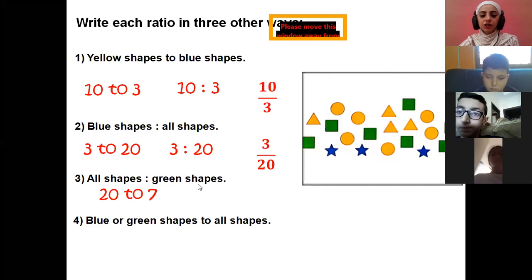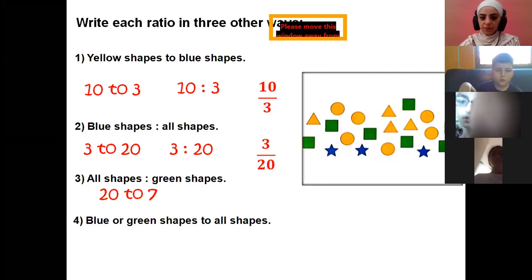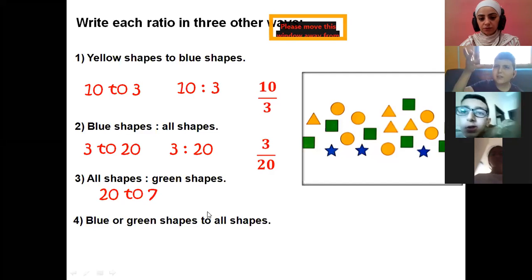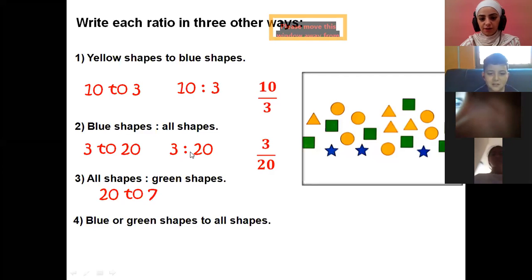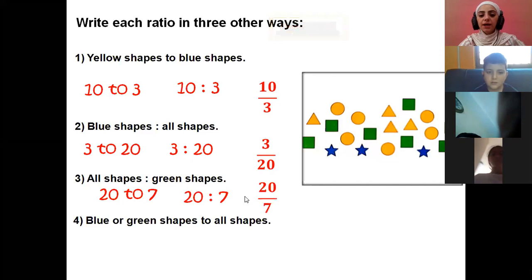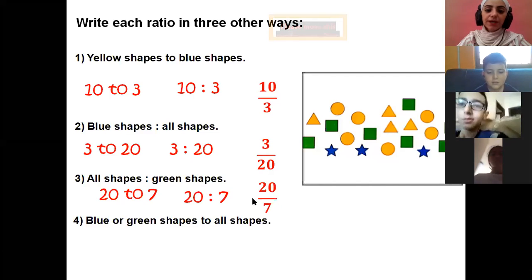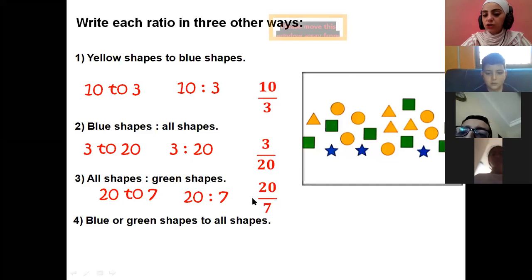And you can write it with columns, one above the other, or as a fraction. You write it with columns and you can write it as a fraction. Be careful if you write it 7/20, that's totally wrong.